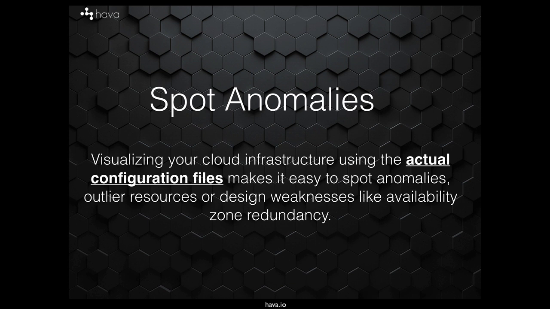You can also spot anomalies. So a typical use case with Hava is that once the environments are spun up and people can see exactly what's going on based on, we call it the source of truth. So it's the actual config files that get visualized, so you can see exactly what's going on. We had one client that after doing that process found a VPC and a large database instance that was just sitting out to the side, not connected, and they said, okay, what's all this about?